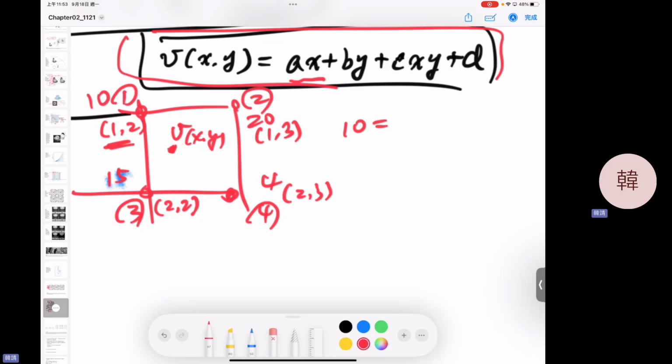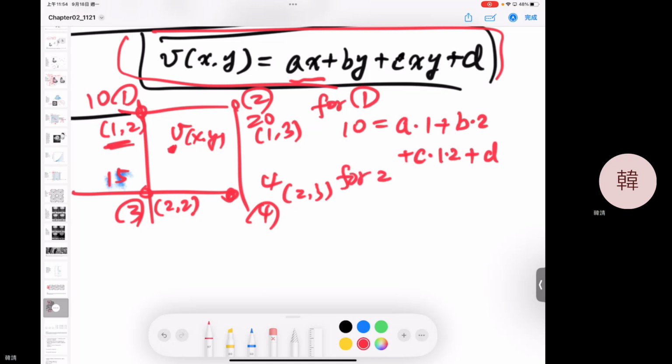So A times 1 plus, for the 4.1, you have to put all the xy coordinates in, and B is 2, so B times 2, plus C times xy, which is 1 times 2, plus D.